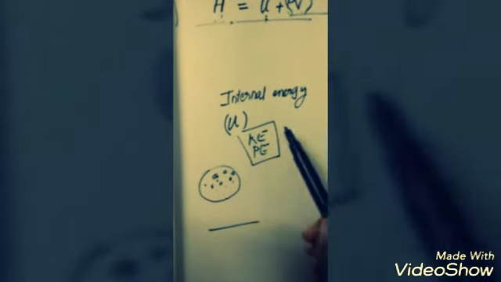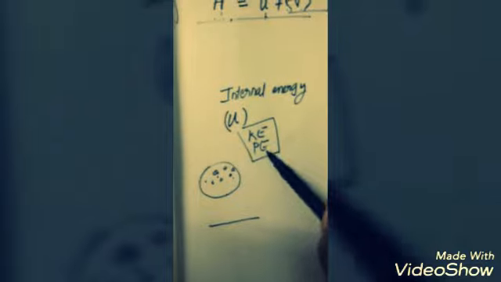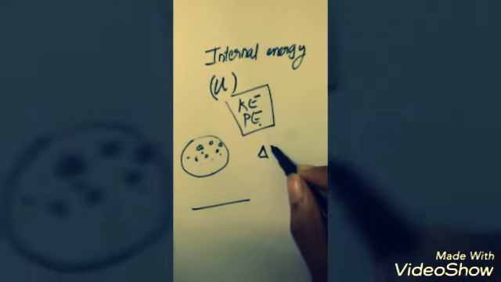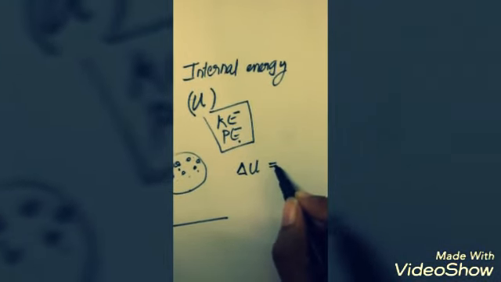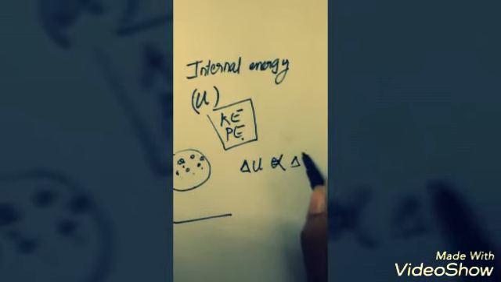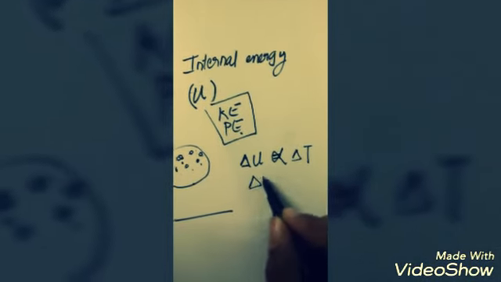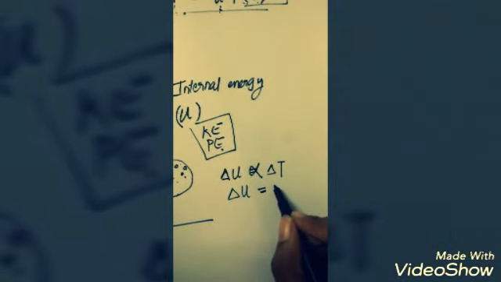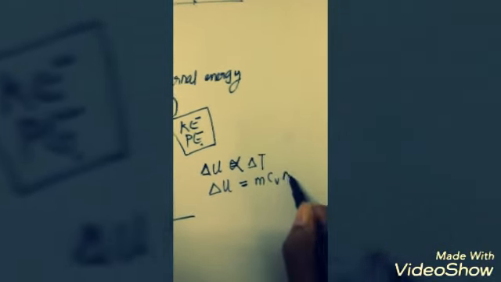So the sum of these energies internally in a system is called internal energy. The change in internal energy, delta U, is directly proportional to delta T. By removing this proportionality sign, we can write delta U is equal to mCv delta T.